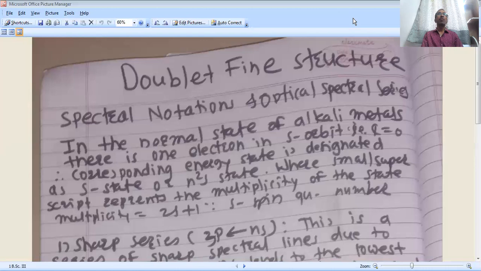In the M shell, how many electrons? 2 and 8 are completed in the first two shells. The 11th electron is present in the M shell.